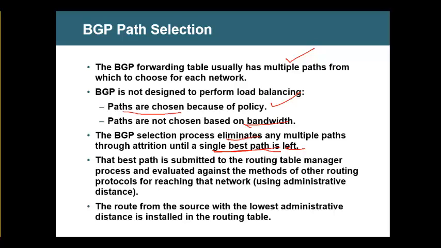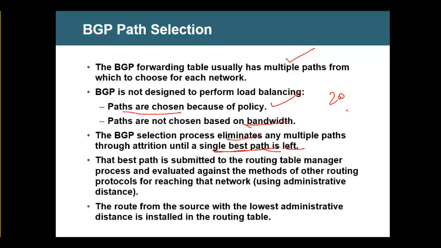But the routing table also has some constraint. What it is, it decides to use the route given by the protocol whose administrative distance is lower. See, if IBGP gives a route, what will be the administrative distance? 200.